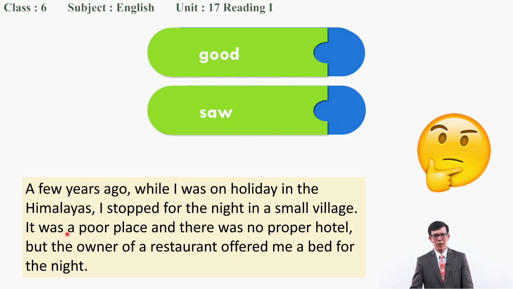I was on holiday in the Himalayas. I stopped for the night in a small village. It was a poor place and there was no proper hotel. Did you find it? What is the similar meaning to good? You might have guessed. But the owner of the restaurant offered me a bed for the night.